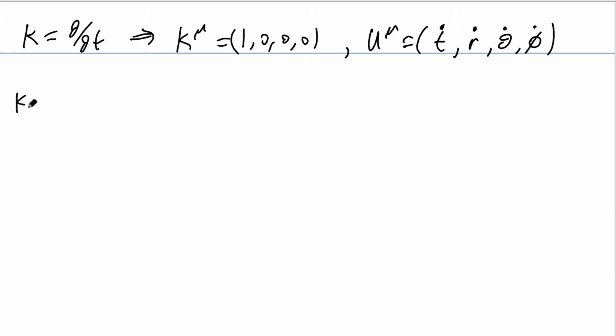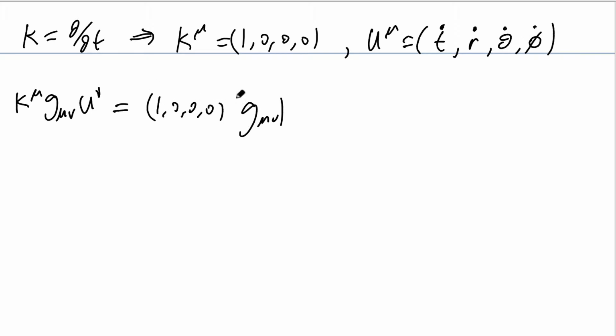So the inner product between k and u is 1, 0, 0, 0 times the components of the metric times the components of the four-velocity. Multiplying the first two factors, we have −(1−2M/r), 0, 0, 0.